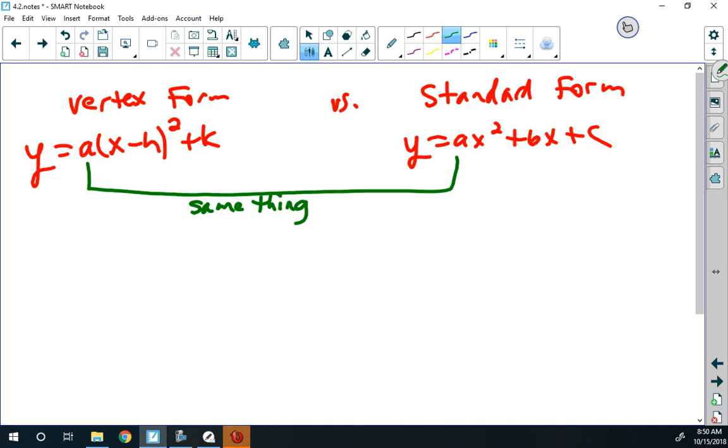One thing I probably ought to point out, this c value from standard form is called your y-intercept. We'll make that official. The graph's going to go through the point 0, comma c.